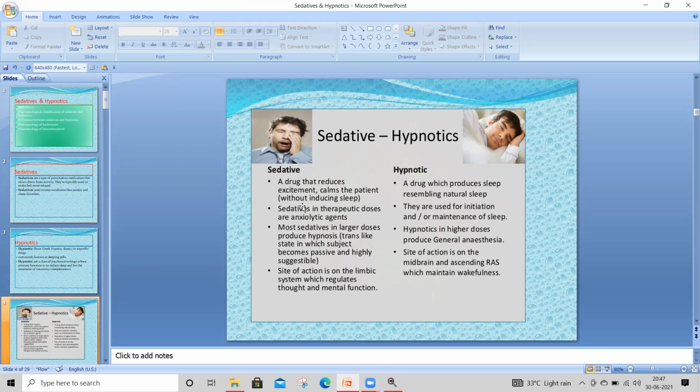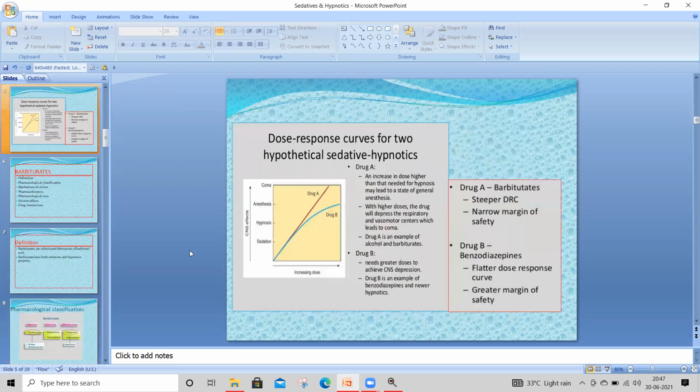Also, if you increase the dose of sedatives, it may lead to hypnosis. And if you increase the dose of hypnotics, it may lead to general anesthesia. And sedatives act on the limbic system and hypnotics act on the midbrain. These are the main differences between the hypnotics and sedatives.